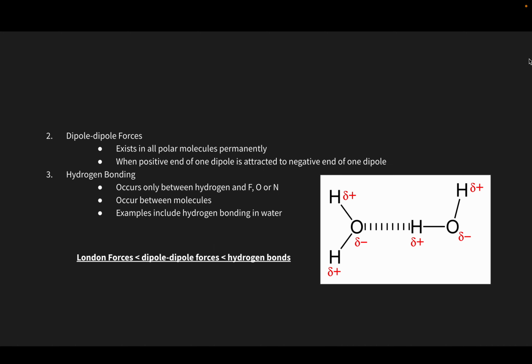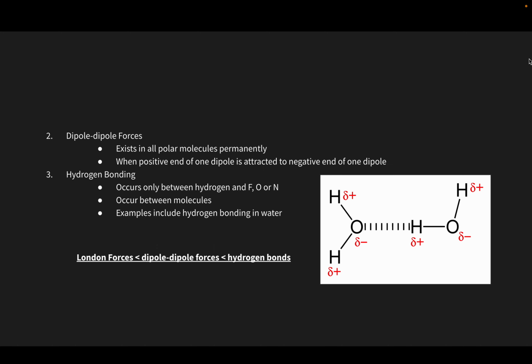It occurs between molecules. Examples include hydrogen bonding in water. So don't forget about fluorine, oxygen, and nitrogen, because these are the only elements hydrogen creates bonds with, hydrogen bonds.